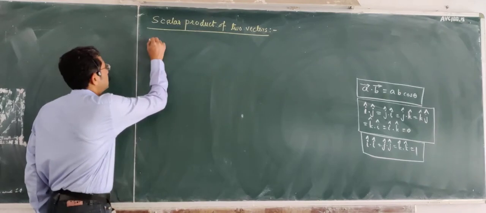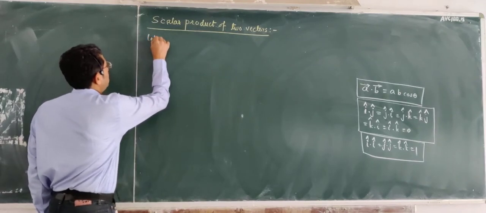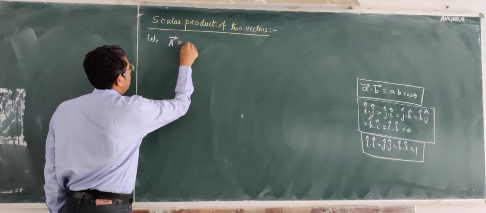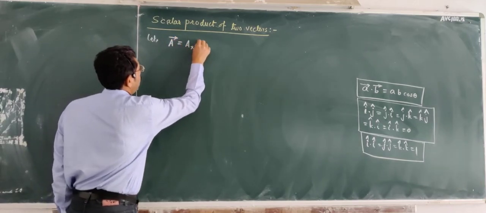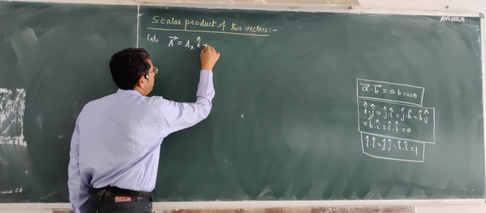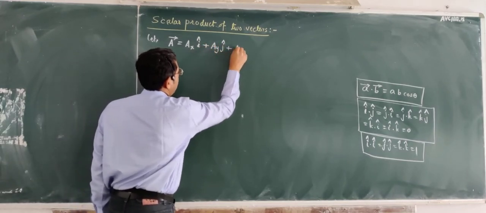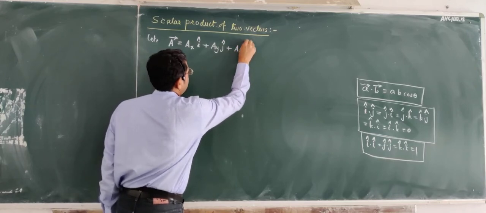Let me say vector A is equal to Ax i cap plus Ay j plus Az k. This is one vector.